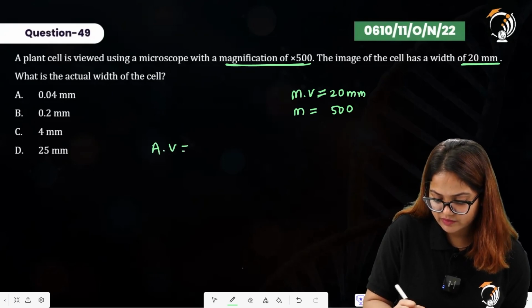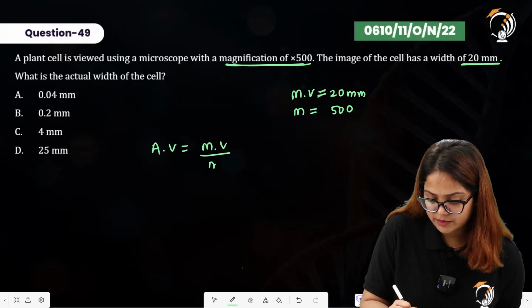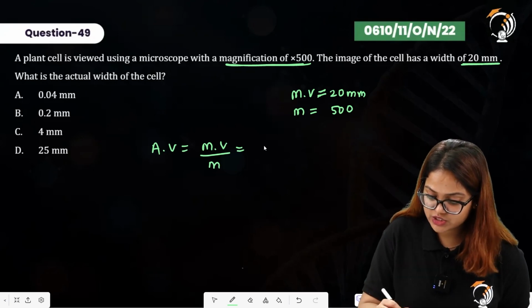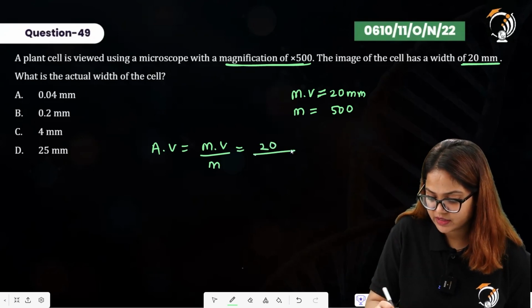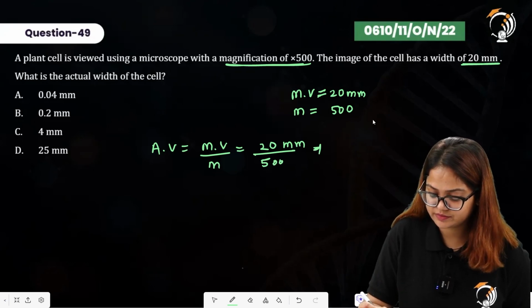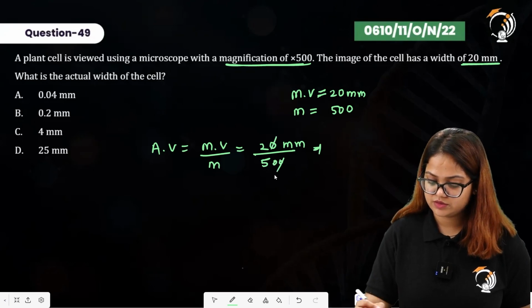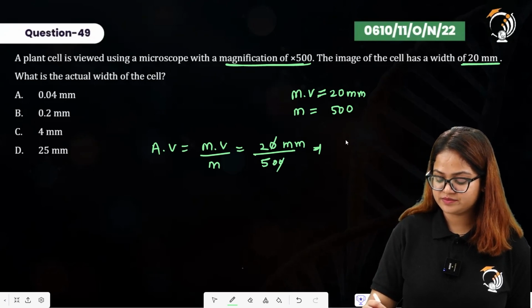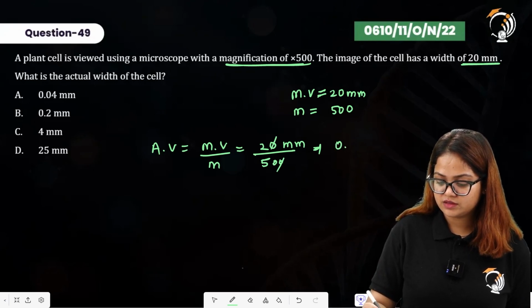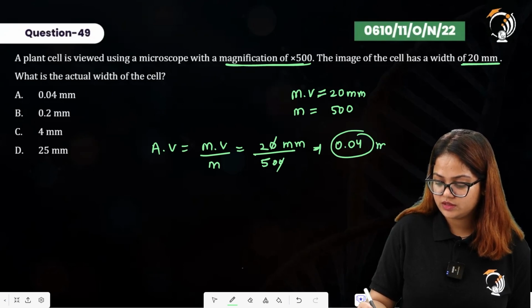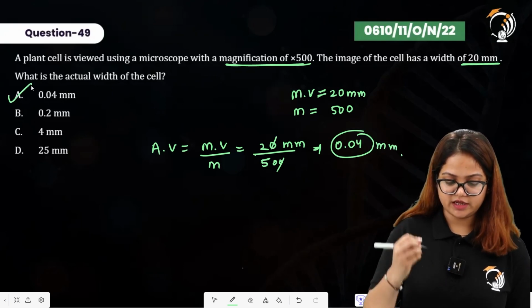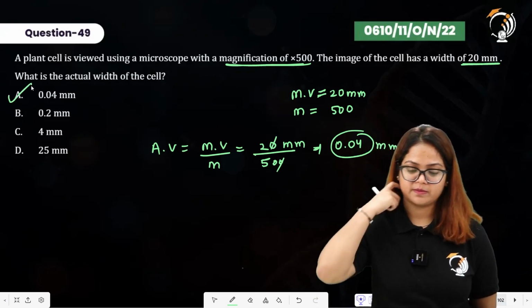For that, we have the formula: magnified value divided by magnification, 20 millimeter divided by 500. So this comes out to be 0.04 millimeter. Option A here provides us with the right answer.